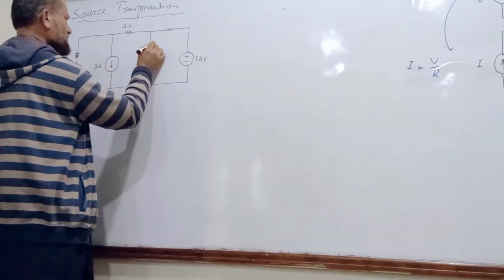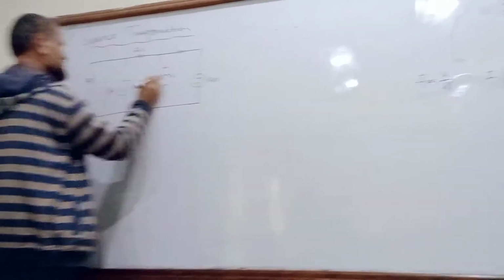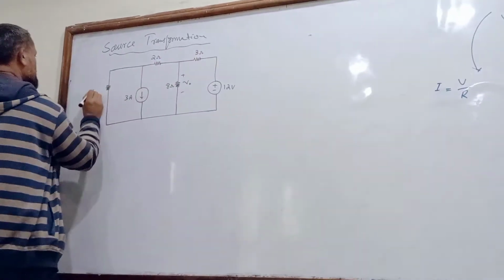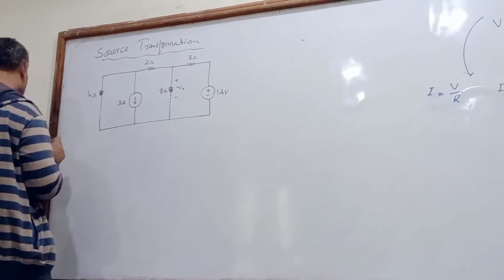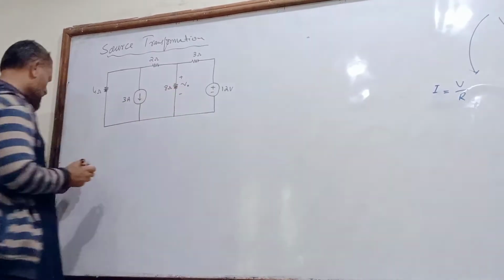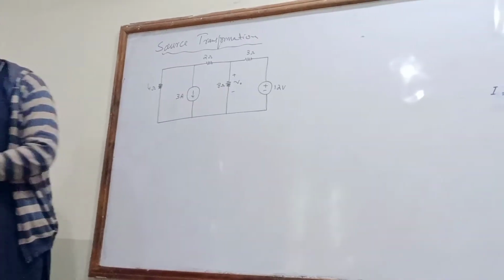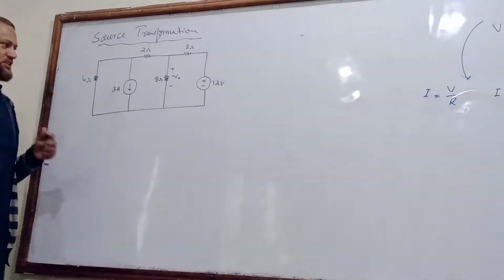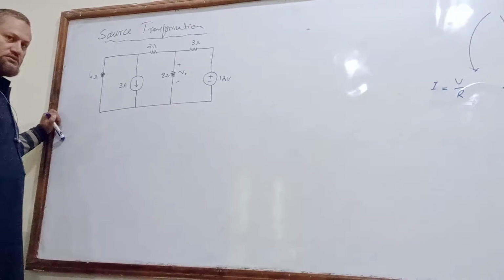We know that there is 8 ohm, 3 ohm, 4 ohm. And find this V naught using source transformation theorem. Using source transformation, calculate or find this V naught.